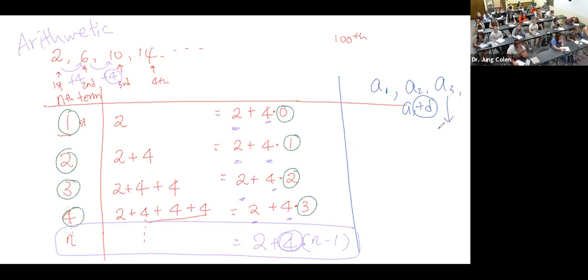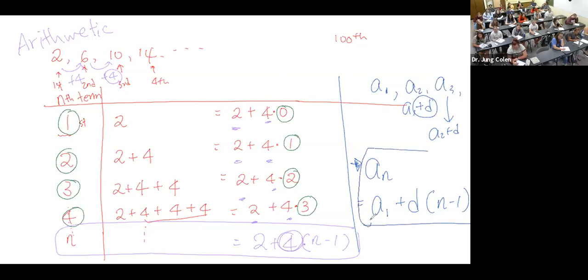So a sub 3 is a sub 2 plus d, which is the same as a sub 1 plus d plus d. Then our conclusion is that a sub n in an arithmetic sequence is always the first number plus the changing number d that we keep adding, times 1 less than the term number. So that is the rule for an arithmetic sequence.